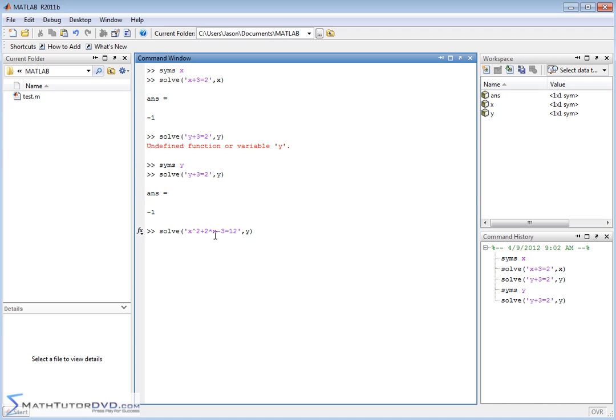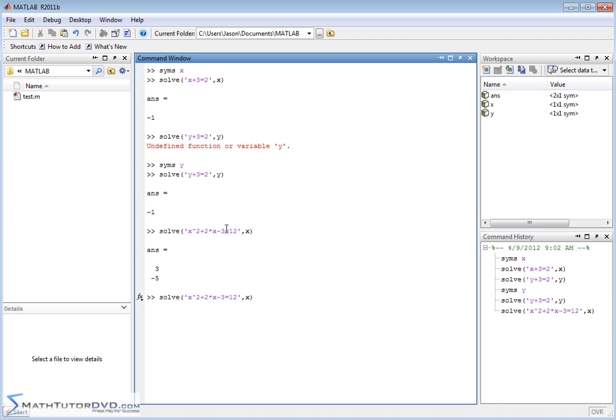So we're solving this equation for x, so we have to tell it that, and MATLAB will calculate that, and it will give us exact answers. Notice there's no decimals here, there's no approximation. It's trying to keep everything perfectly exact. So it's moving the 12 over, it's able to factor it perfectly, and so on.